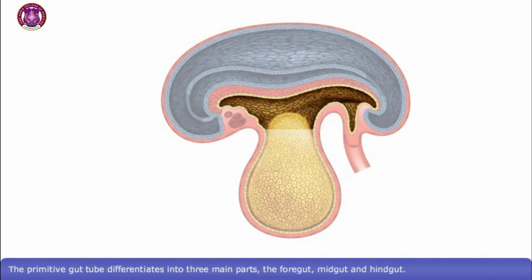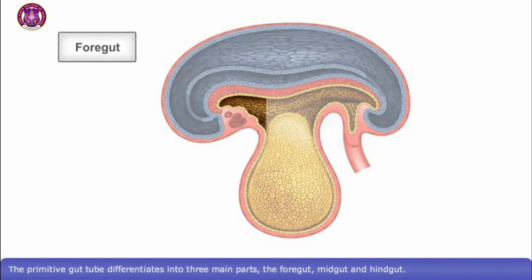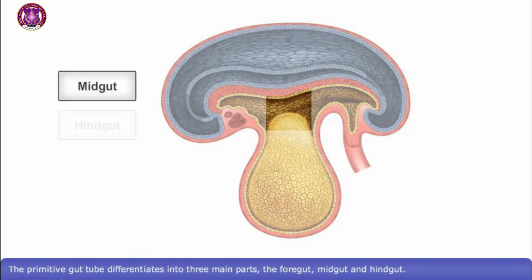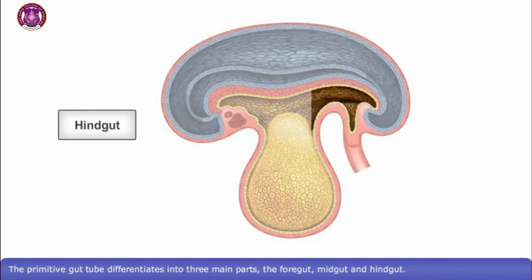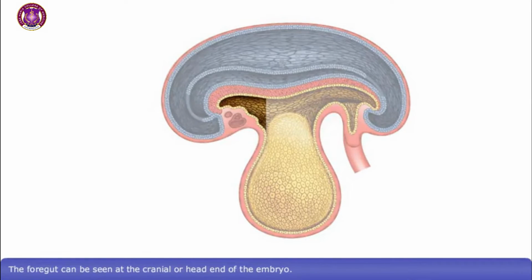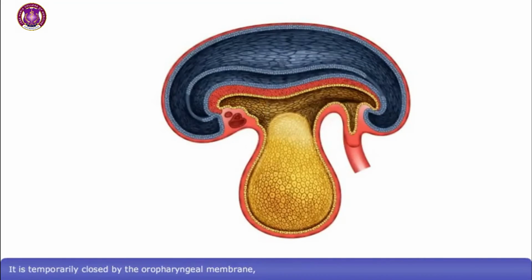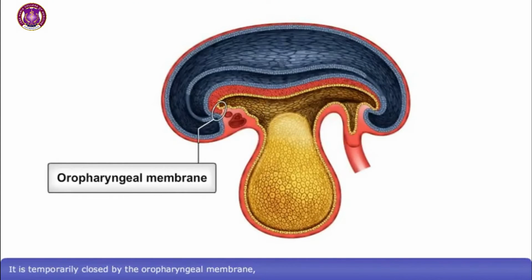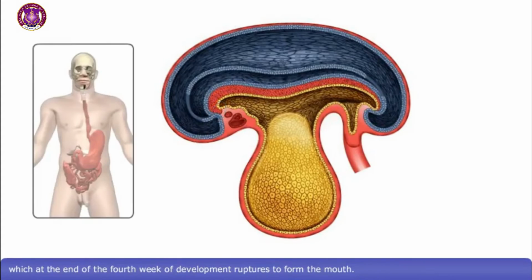The primitive gut tube differentiates into 3 main parts: the foregut, midgut, and hindgut. The foregut can be seen at the cranial or head end of the embryo. It is temporarily closed by the oropharyngeal membrane, which at the end of the 4th week of development ruptures to form the mouth.